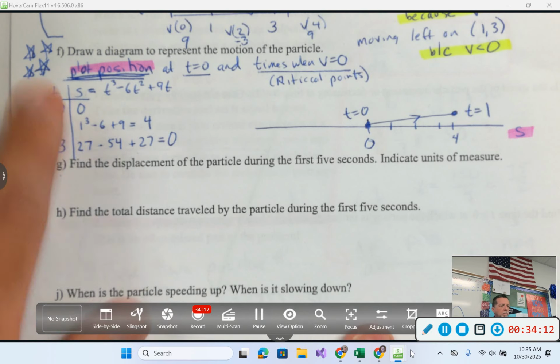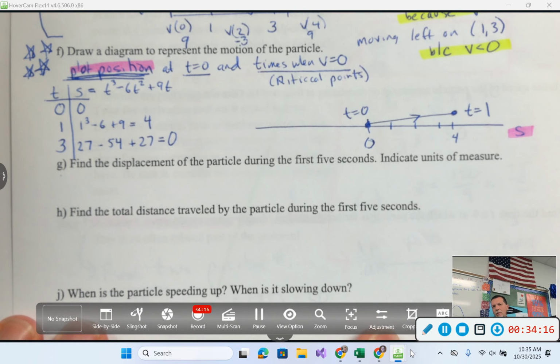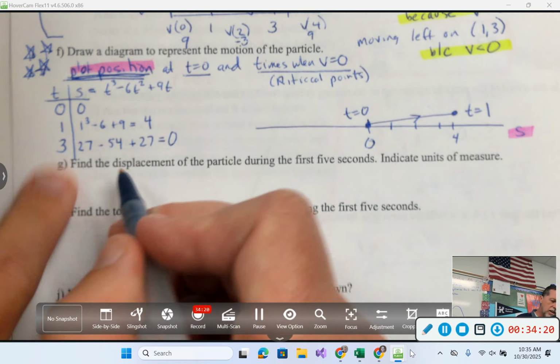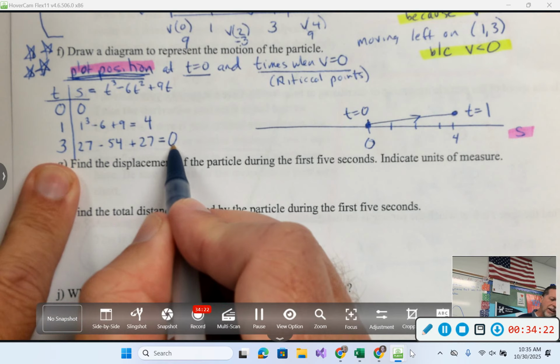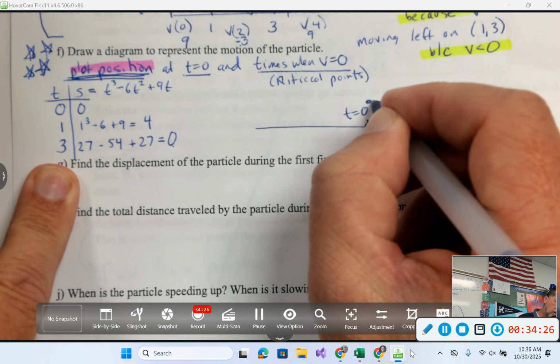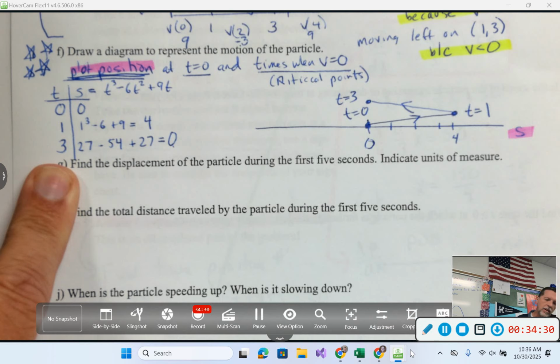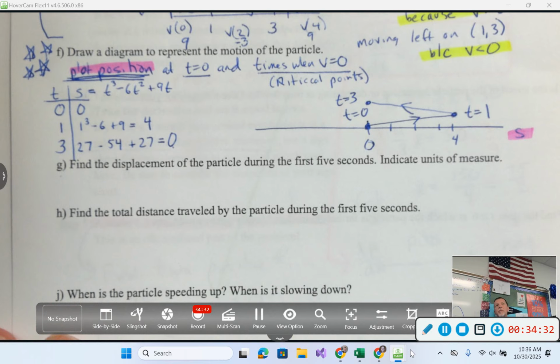So I'm plotting all my points, but I'm plotting them in a weird way that we've not done before. I'm plotting them on a number line rather than like an XY graph. At t equals 3, we're back at 0. So we move back to position 0 when time is 3.